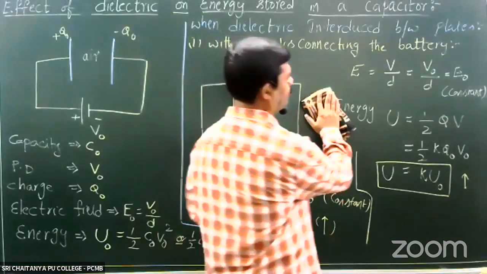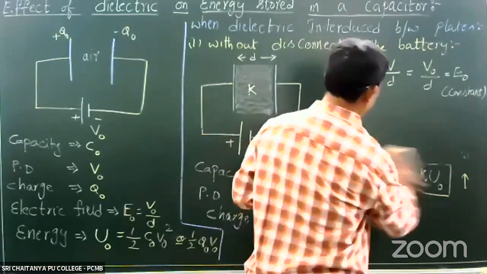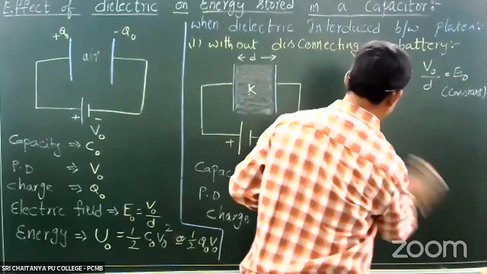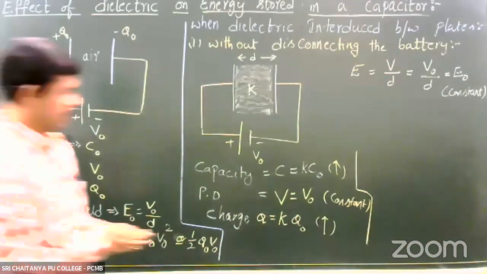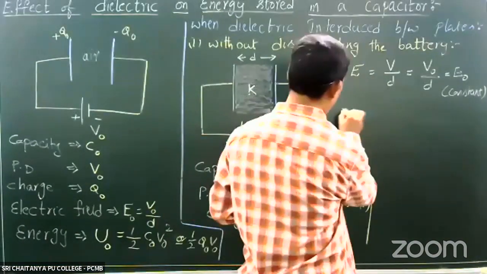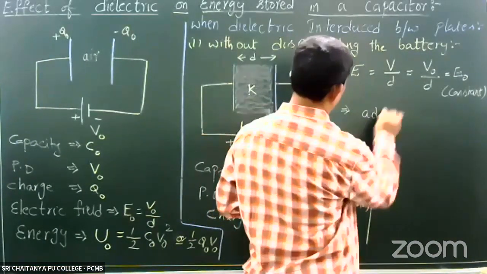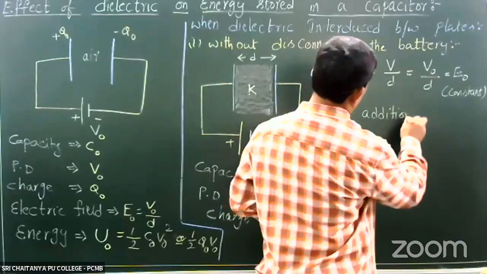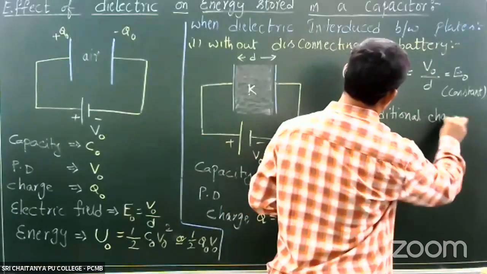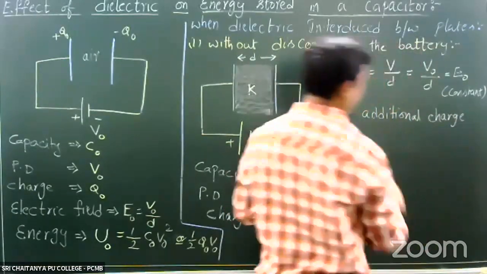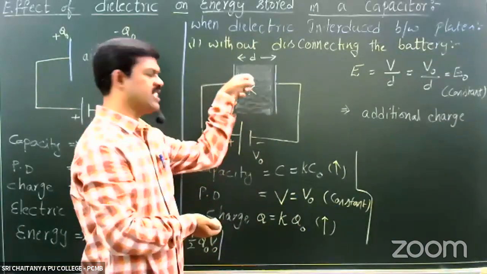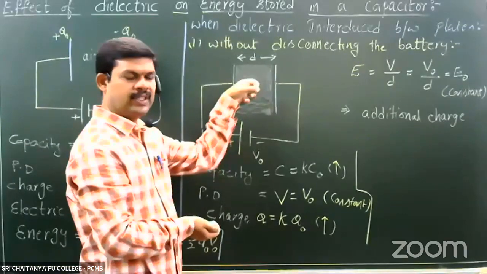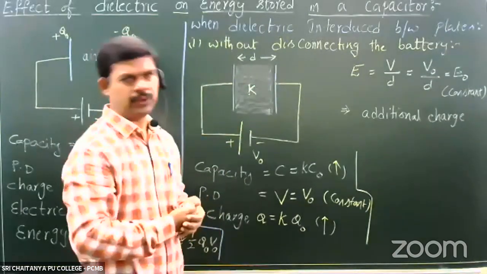One more: what is the additional charge? I said first the potential decreases, so the capacitor takes some more charge till the potential comes back to the original value.